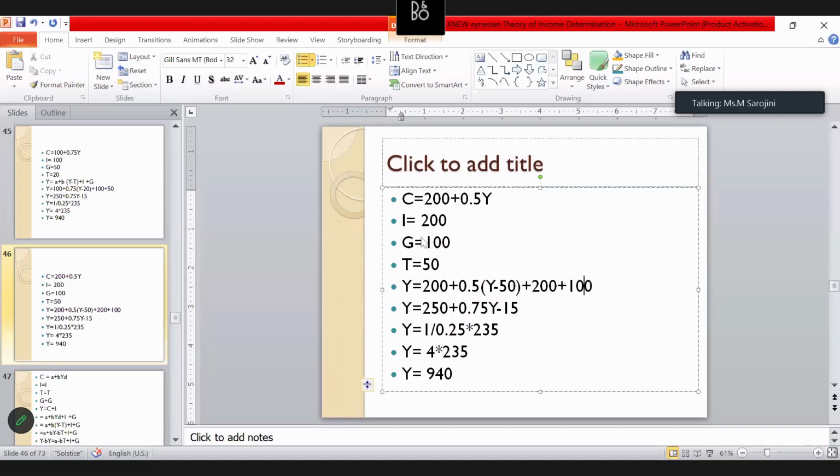Is it okay now? 200 plus 200 plus 100 is 500, and 0.5 into 50 is 25. So 500 minus 25 is 475. Here 1 divided by 0.5 is 2, and 2 into 475.